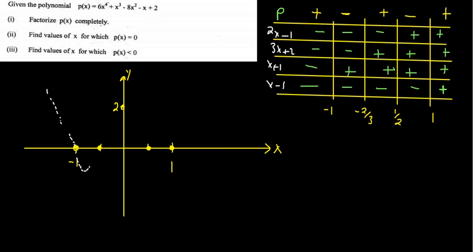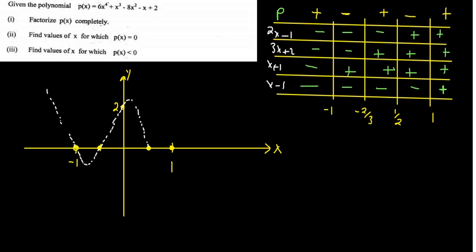Now just make sure that the graph is smooth. It should make a curvature. Then between negative 2 over 3 and 1 over 2, the product is positive, meaning that it's above. It's supposed to pass through the y-intercept of positive 2, and then comes something like that.